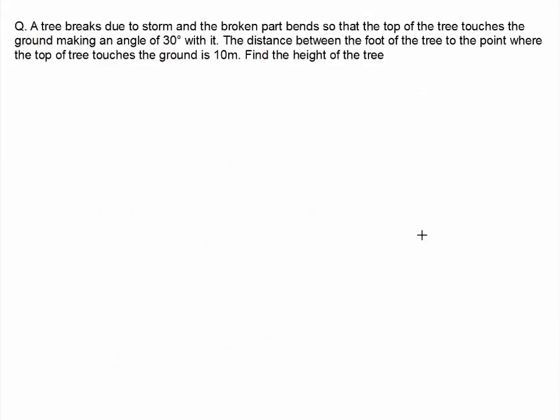Now let's do this type of question. The question is, a tree breaks due to a storm. So let's say we have a tree which breaks down due to the storm. Let's say it breaks from here, and the top of the tree touches the ground like this, making an angle of 30 degrees with it.